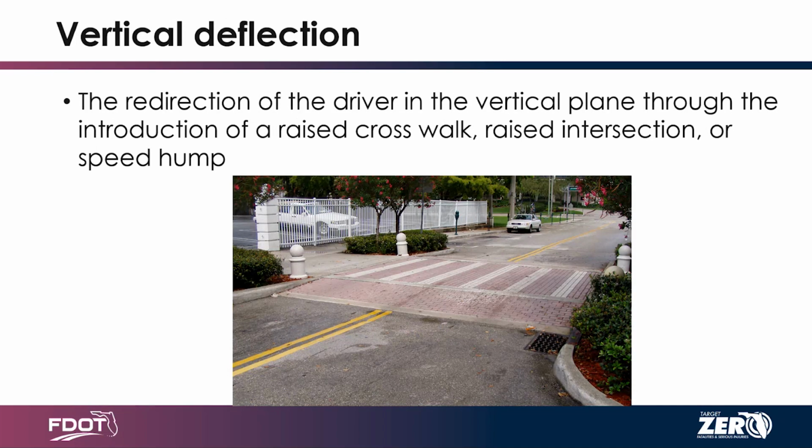Vertical deflection. Essentially, if you don't want to jump your car, you're going to have to slow down and go a certain speed. These are for lower speeds, though. Only design speeds 25 miles an hour or less. Raised crosswalks can be considered for design speeds of 30 miles an hour or less.